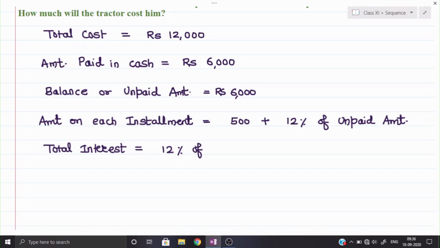On that time, the total unpaid amount is 6,000 rupees, means first time when he was paying, that is 6,000 rupees.